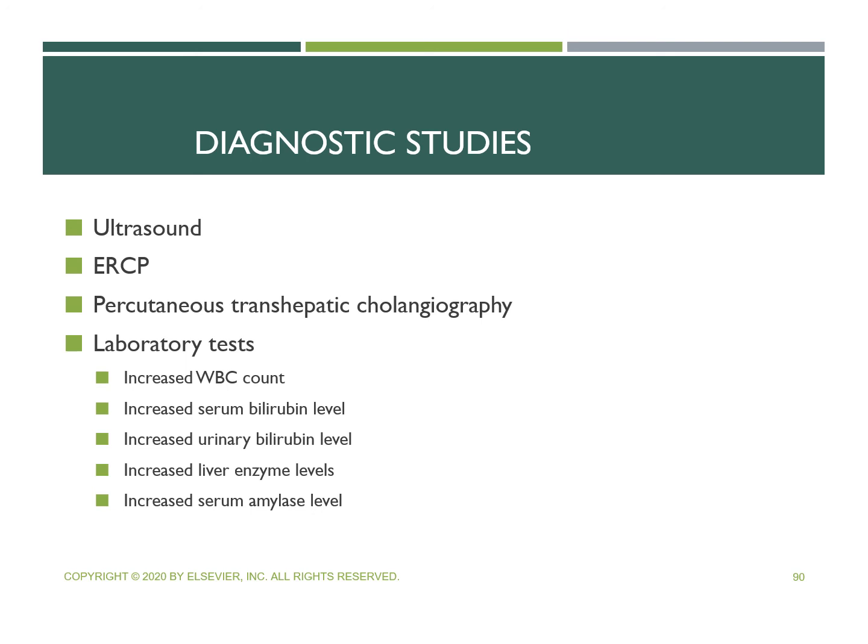So it really can look at quite a few different things, and so this is sometimes very useful. The percutaneous transhepatic cholangiography is inserting a needle into the gallbladder duct and then injecting contrast materials.